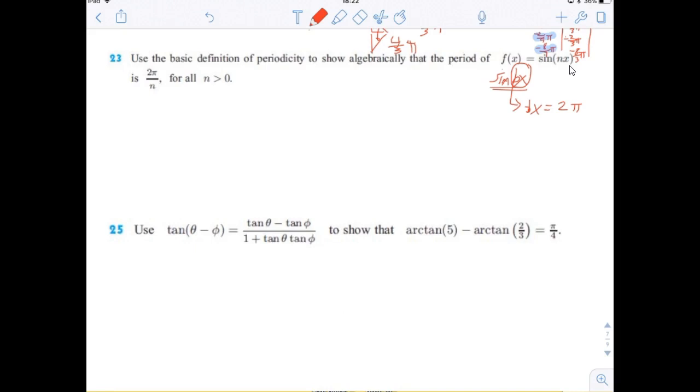In this case, I have sine of nx, right? nx is actually equal to bx, so it's equal to 2 pi if I want to figure out the period, and the period would correspond to the x here. So if I want to figure out what the period is, I solve for x, and I get 2 pi over n. So there's my period right there, 2 pi over n.